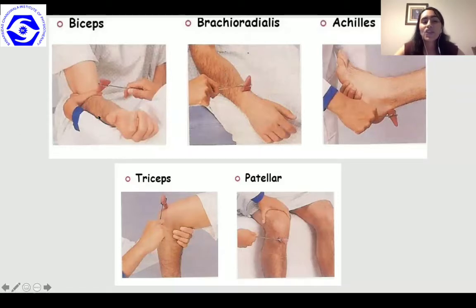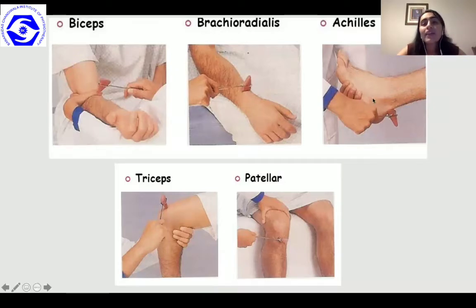We tell the patient, we'll flex the patient's arm, and we will tap on the biceps tendon, which is on the radial tuberosity. And then for brachioradialis, we'll tap on the radial styloid process, which is here.